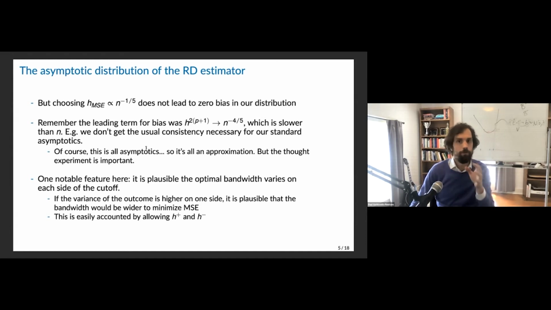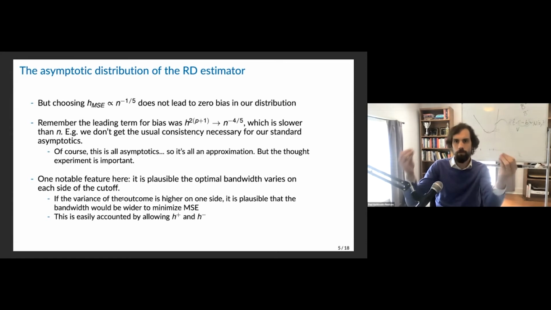These are relatively small differences. They're kind of rules of thumb. But the thought experiment highlights how much you need to focus on being very close to the bandwidth versus relatively far away, and how much you can choose the optimal bandwidth. And the reason this matters, and we'll get into this, is that historically there was a bit of a logical incoherency in how people did this. They would choose the mean squared error optimal bandwidth, and then they would pretend as if there was no bias when they did the inference.